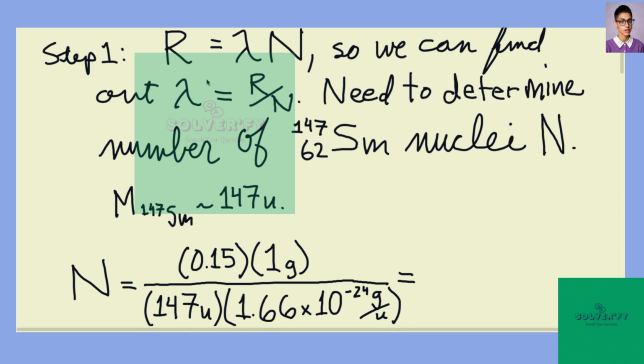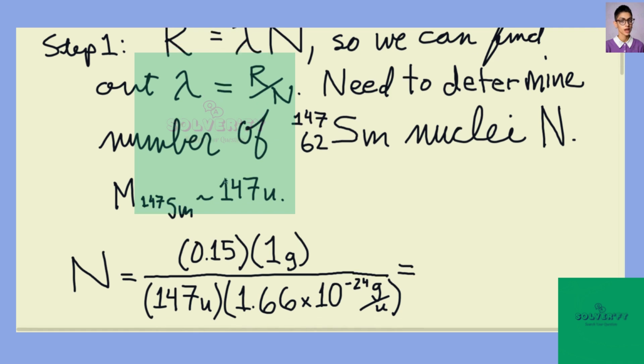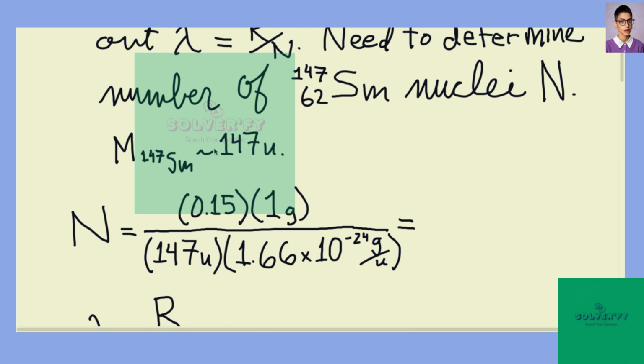Given this relation, we can find lambda as the proportion of activity to number of nuclei present. But we don't have the number N yet, so we'll need to determine that from the atomic mass of samarium-147.